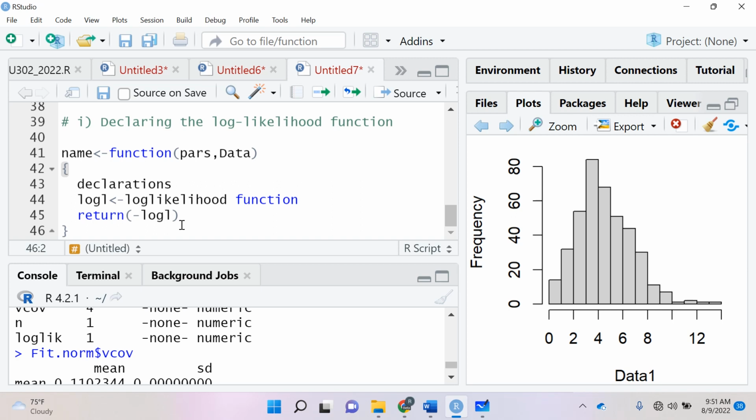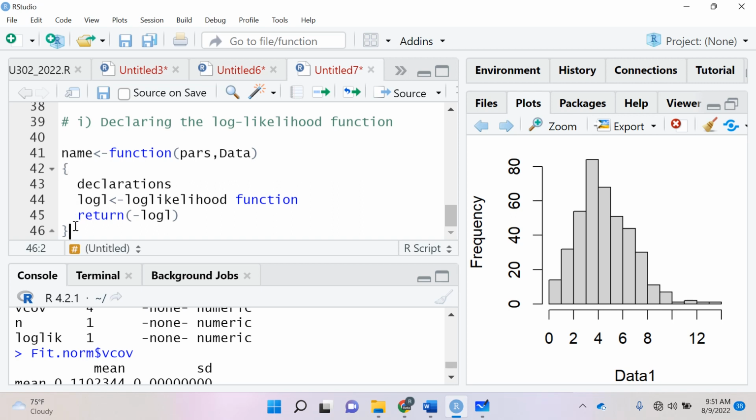The workaround is that you negate your log likelihood, then you minimize it. Minimizing it is equivalent to maximizing the log likelihood. That's the approach. So you make sure that all the functions you write return the negative log likelihood. That's the first part.